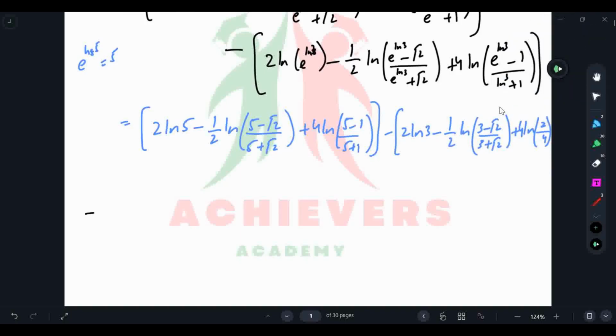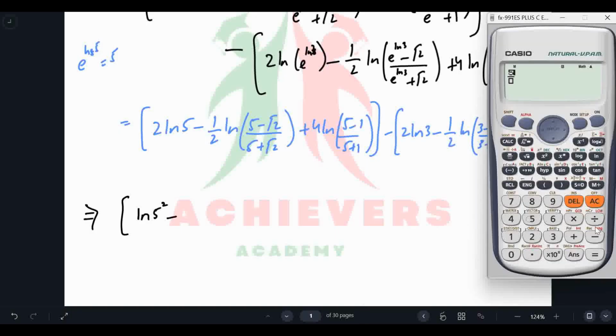Now this will be natural log of 5 square minus 1 by 2 natural log of 5 minus square root of 2 divided by 5 plus square root of 2. This we should use as it is.